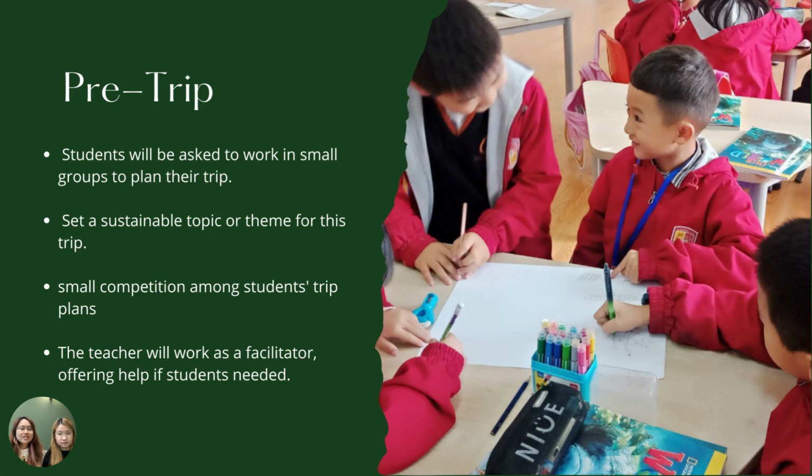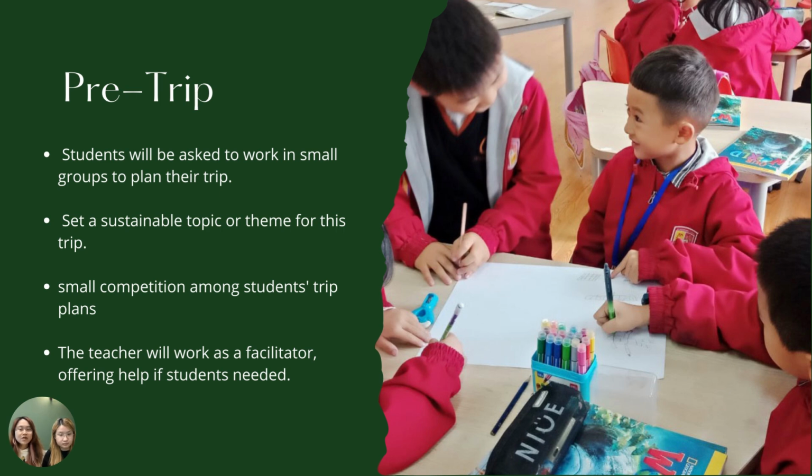First of all is the pre-trip part. Before the trip begins, the students will be asked to work in small groups to plan their trip. This should include where they will stay, where they will visit, how will they get to this place, etc. They should also set a sustainable topic or theme for this trip.